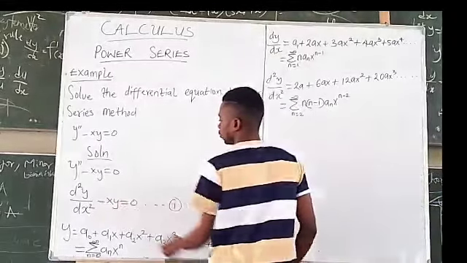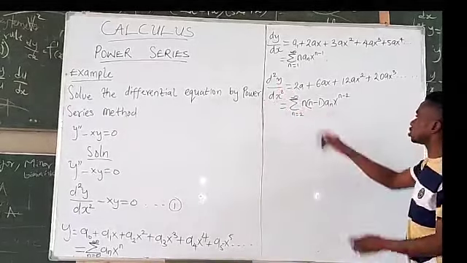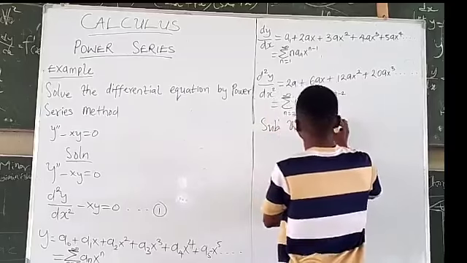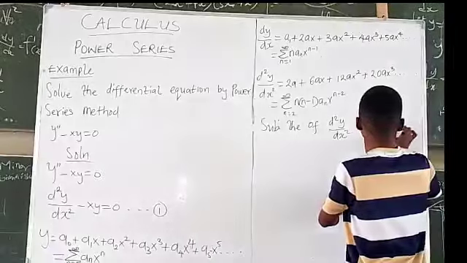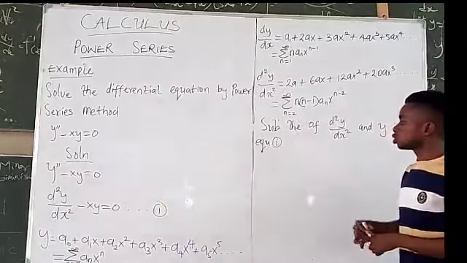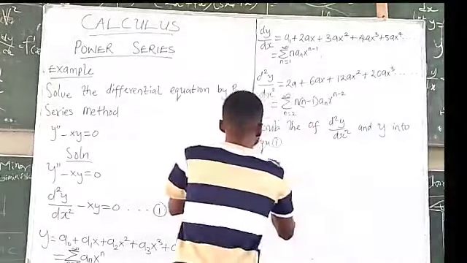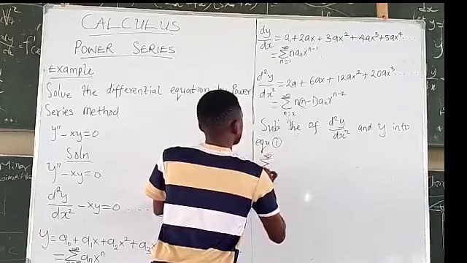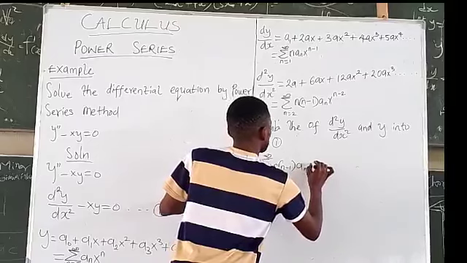So from equation 1, the result of d²y/dx² is the summation, n equal to infinity, of n(n-1) a_n x^(n-2).